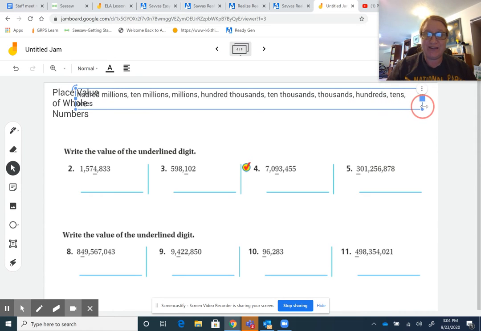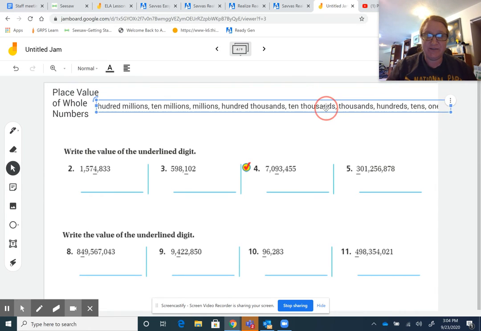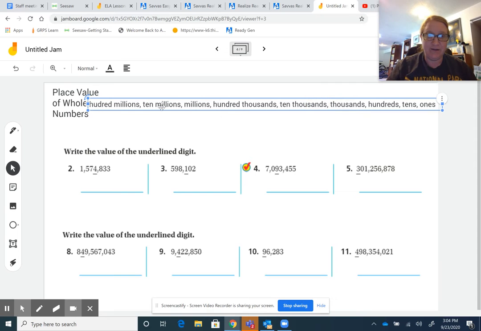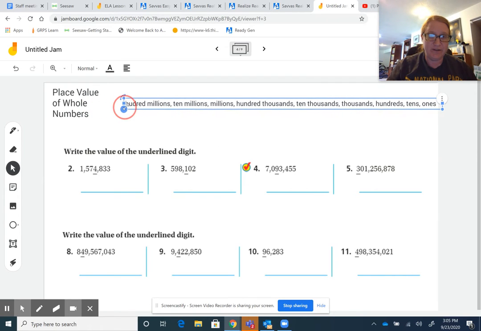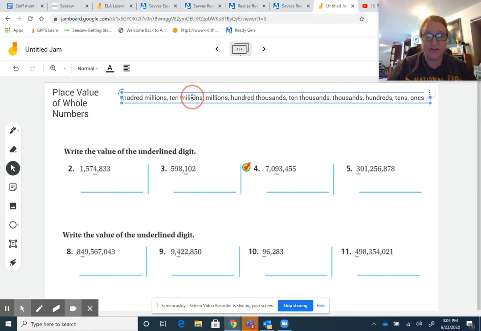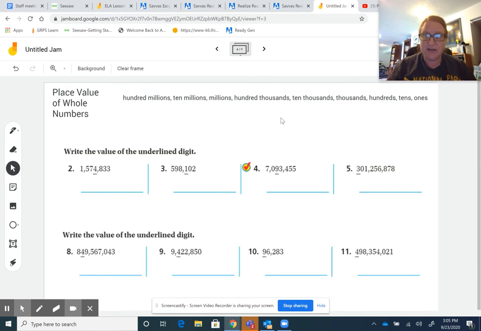And this was part of lesson 2. So let me see if I can get it all in there. I'm trying to make it really small so it all fits. And I spelled 100 wrong. Fix that. HUNDRED, 100 millions. So if I look at this, we have ones.